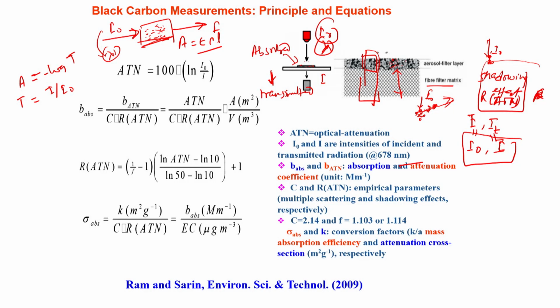But now this particle scatters again, and if there is another particle, it will scatter again. This is called the scattering effect.